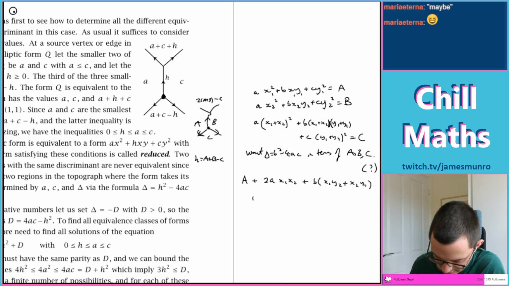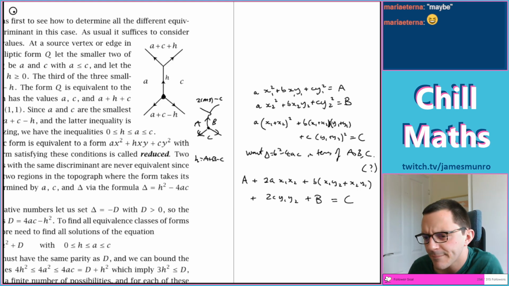Don't like that either. And here, 2c y1, y2. But I will pick up terms for b. I've got these square terms. So there's cross terms. Don't like them. And that goes over there. Yeah, don't love it.